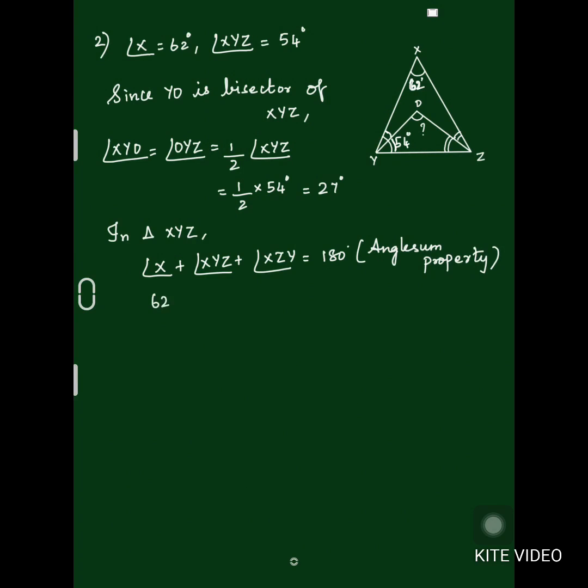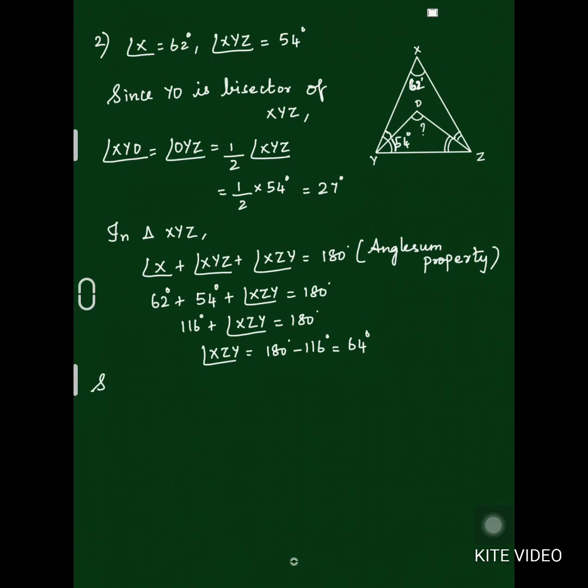Angle X is 62 degrees and angle XYZ is 54 degrees. If you add these, you get 116 degrees plus XZY is equal to 180 degrees. So angle XZY is 180 minus 116, which is 64 degrees.